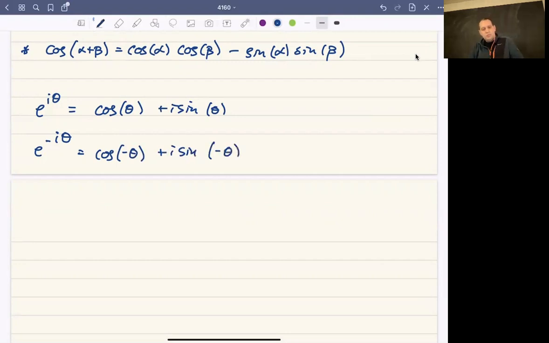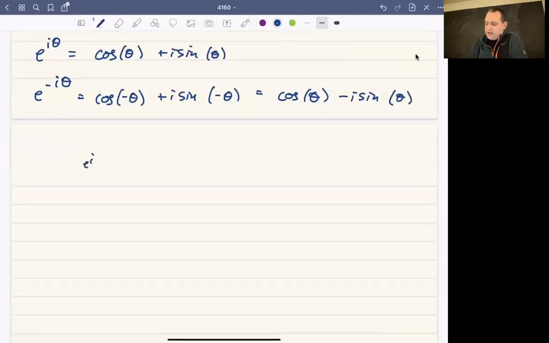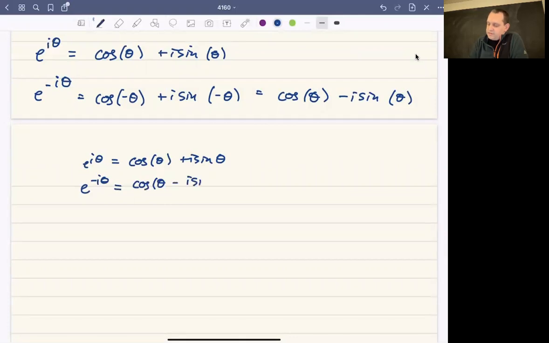And then we know that the real valued functions cosine and sine, well, cosine is even, so this is cosine of theta. Sine is odd, so you can bring the minus outside. And so what this tells you is that if e to the i theta is cosine of theta plus i sine of theta, then e to the minus i theta is cosine of theta minus i sine of theta.